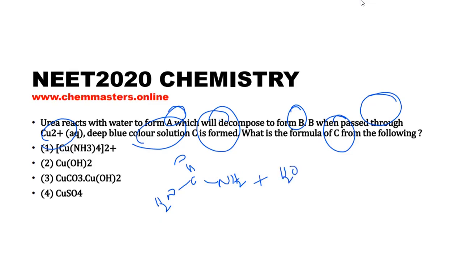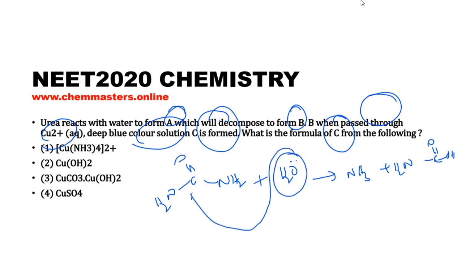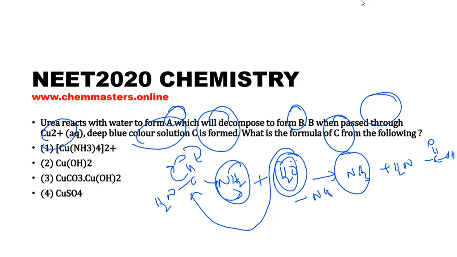Urea on hydrolysis produces ammonia and NH2COOH. The lone pair of electrons on oxygen of water acts as a nucleophile and is going to attack it. So in the next step, elimination of ammonia takes place. One H+ from this water, NH2 from here, so total NH3 is eliminated. And this is the product.